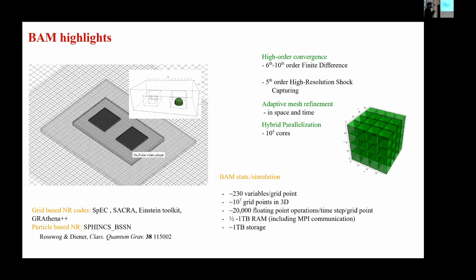And then you have the SACRA code, which is from Masaru Shibata. I was told that he was just giving a talk last week. His group has this code, which is again a finite difference code. And then we have the Einstein Toolkit, which is publicly available, and it's also finite difference or finite volume. And then most recently, we have the Athena++ code from Sebastiano Bernuzzi's group.